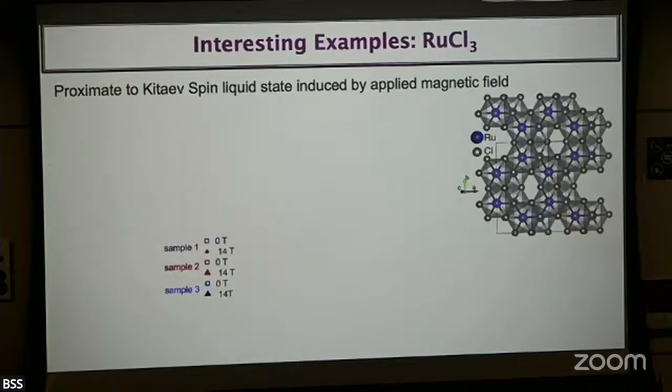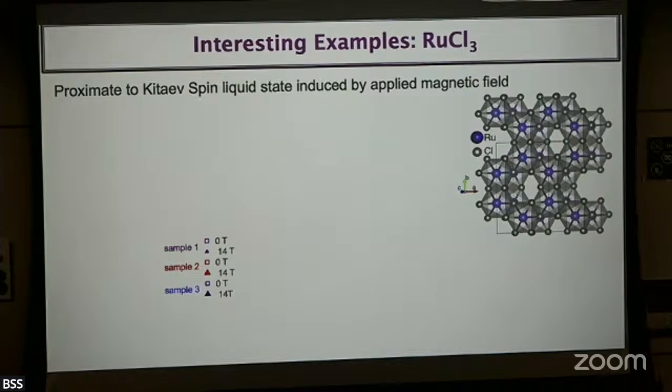Another example is ruthenium trichloride. Has anyone never heard of ruthenium trichloride? Probably not in this room. Proximate Kitaev-type quantum spin liquid induced by applied magnetic field. Before the Kitaev-type spin liquid idea came out, ruthenium trichloride already attracted interest because of the honeycomb lattice.